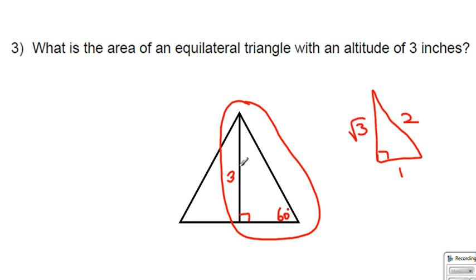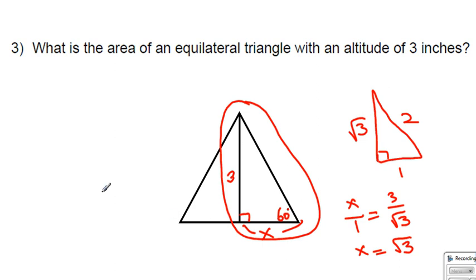Now, in order for us to find the area, the only thing that we need is to find the value of x here. Since in place of x we have 1, in place of 3 we have radical 3, the proportion which we can set up is x to 1 is equal to 3 to square root of 3. Then, once again, when you simplify this one, you will end up getting x equals square root of 3.